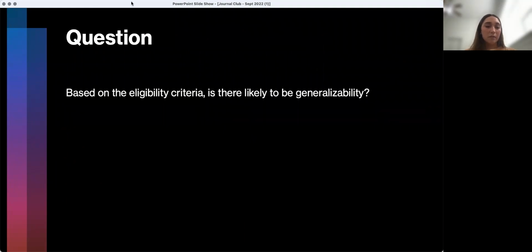So based on that eligibility criteria, is there likely to be generalizability? Yeah, Janet said, I would not expect race to be mentioned in eligibility criteria. I agree, because the study was done... Oh, just in general, she doesn't expect it to be. Okay.